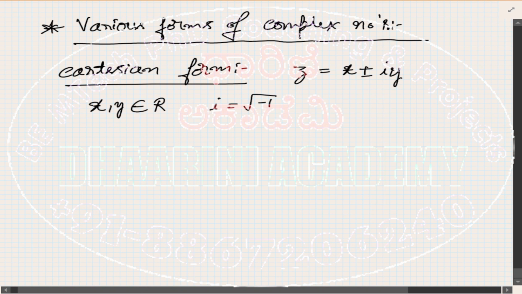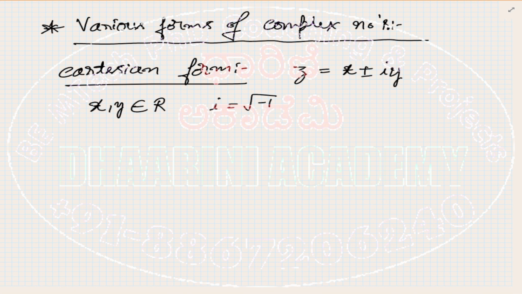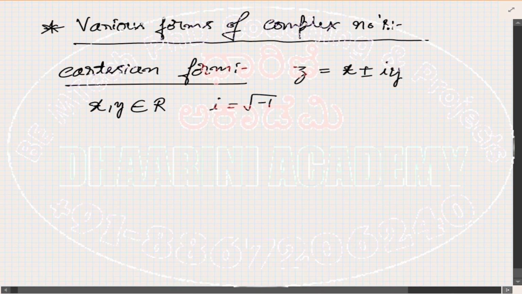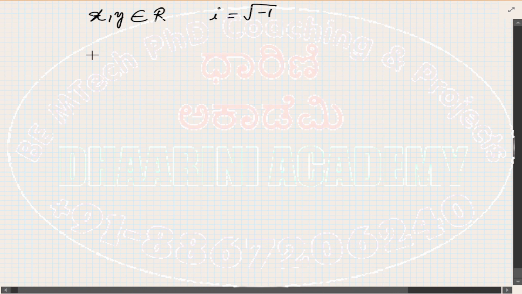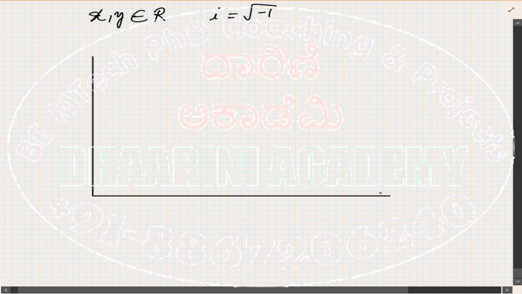This is what we already know, right? Every point will be considered as a point in terms of x and y axis. X is the real axis, y is the imaginary axis. Let's look at it like this. Say this is the x-axis, this is the y-axis.